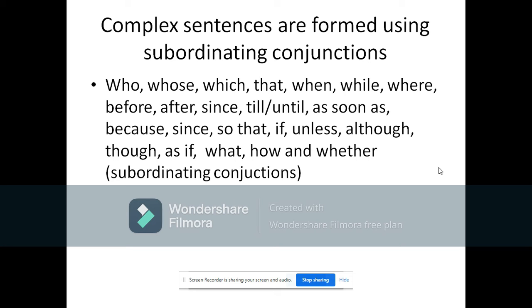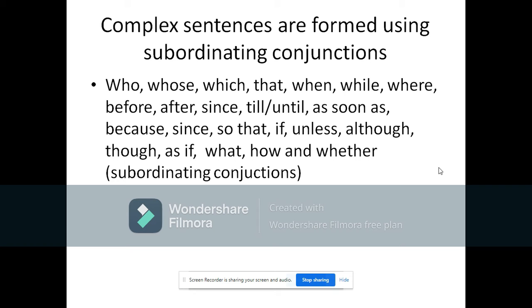Who, whose, which, that, when, while, where, before, after, since, till, until, as soon as, because, so that, if, unless, although, though, as if, what, how, and whether.